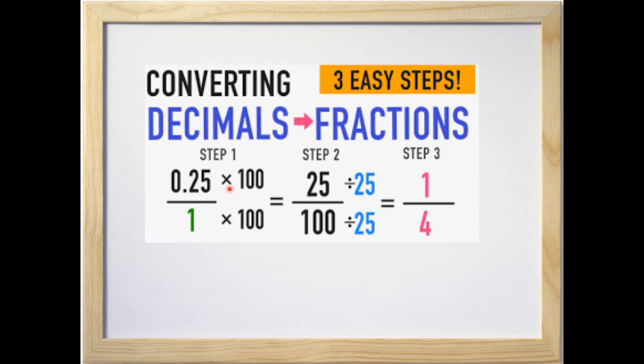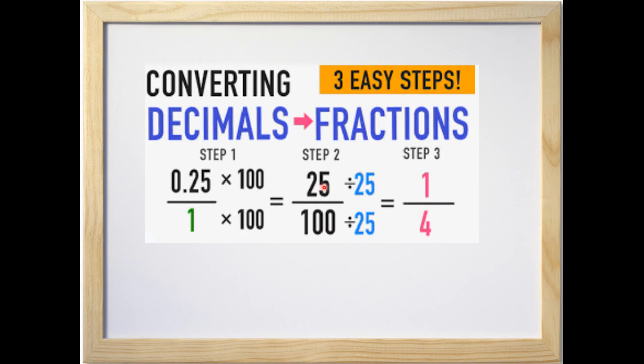So why do we have to multiply by 100? So that the decimal point will be removed. So 0.25 into 100 is 25 and 1 into 100 is equal to 100. Now we have to convert 25 by 100 into the simplest form. So we'll divide 25 by 100 by 25.